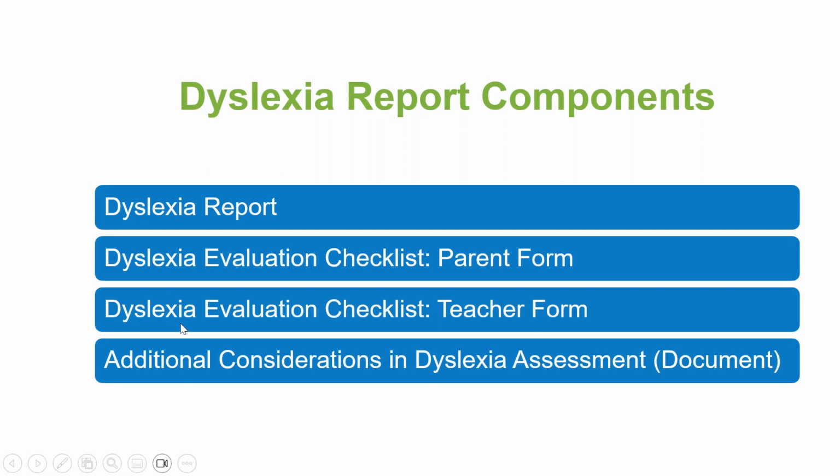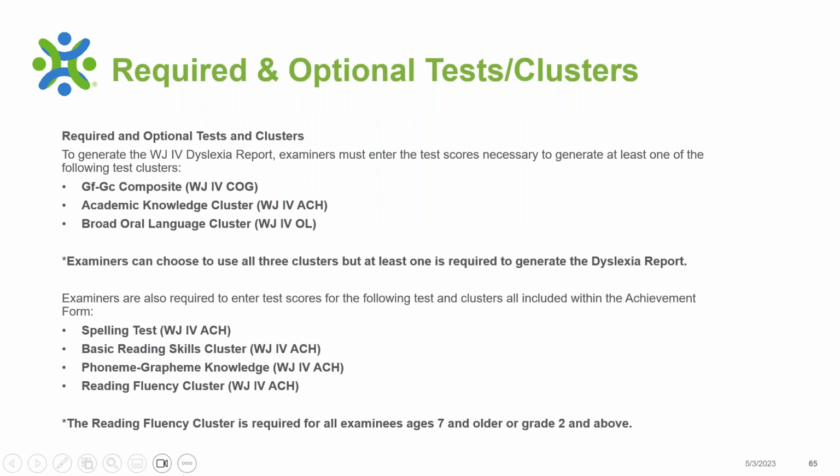So with the dyslexia report components, again, you have the report itself and the checklists that can be included in the report. There's required tests that have to be administered, and then there's some optional tests.